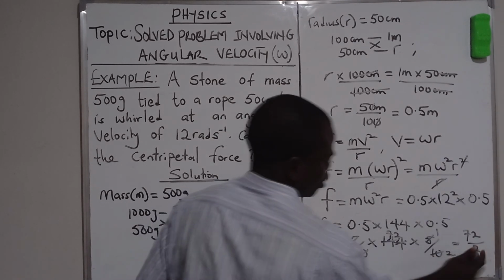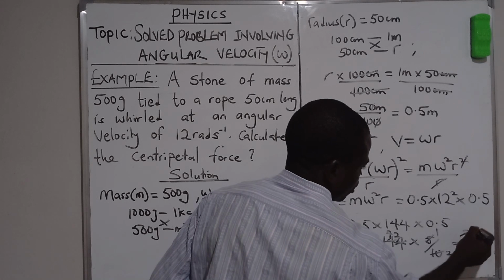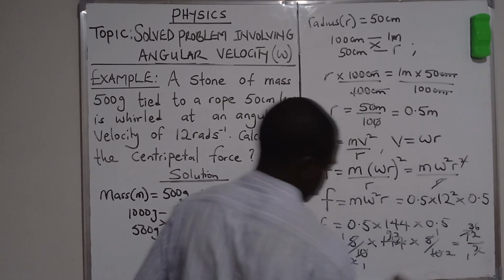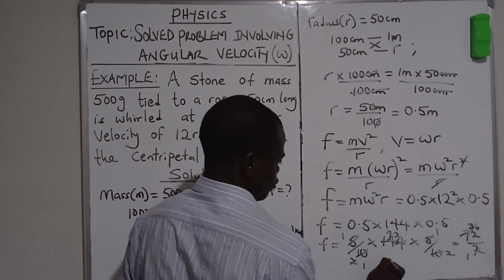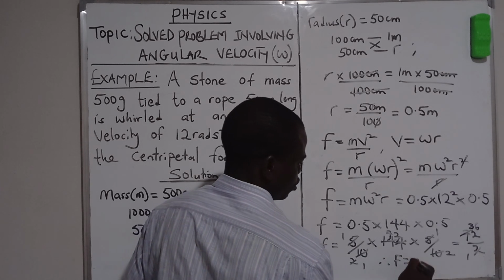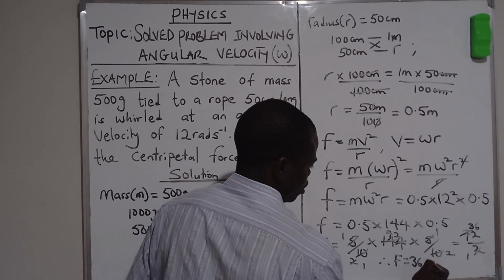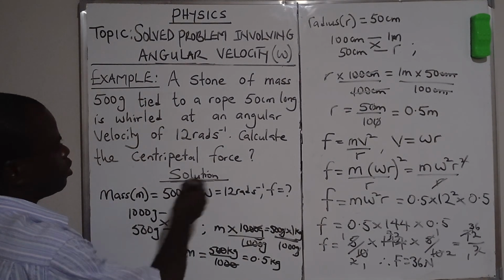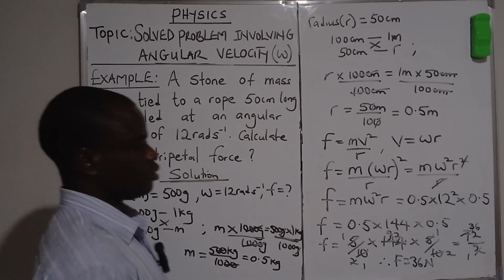You're left with 36. Therefore, our F equals 36 Newton. The centripetal force is 36 Newton.